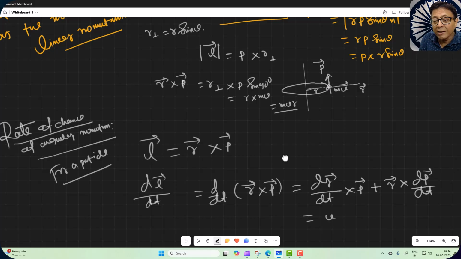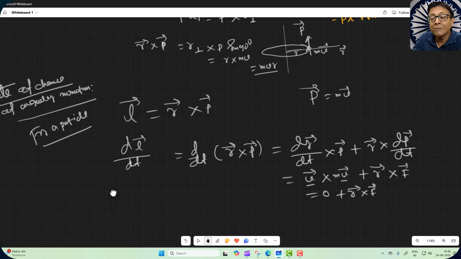What is dR by dt? This is V, and P stands for what? mv. M into V, and dP by dt is what? Force. V and V have the same direction, their cross product will be 0. This will be R cross F. R cross F is what? This is tau.